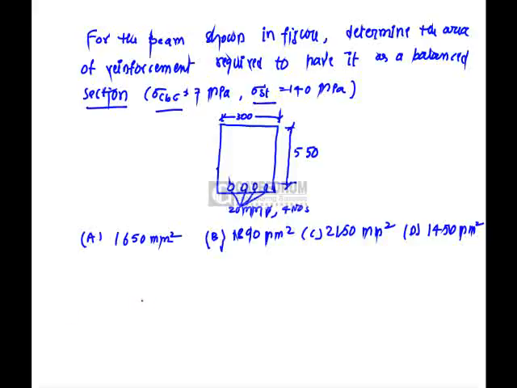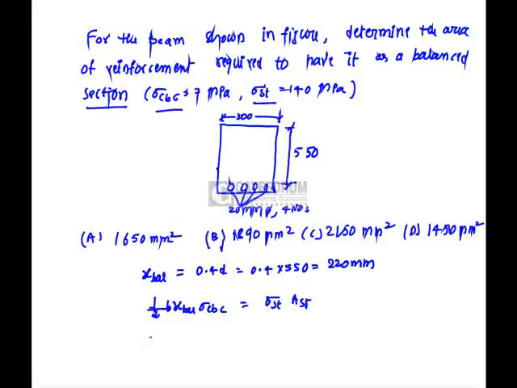For 140 MPa, the X balance is equal to 0.4 D, that is equal to 0.4 into 550, that is equal to 220 mm, the depth of neutral axis for a balanced section. For a balanced section, the force in compression is equal to force in tension, which is equal to sigma ST AST.